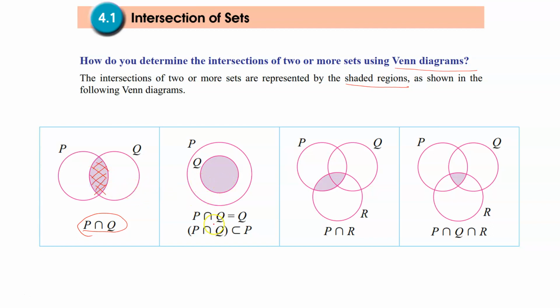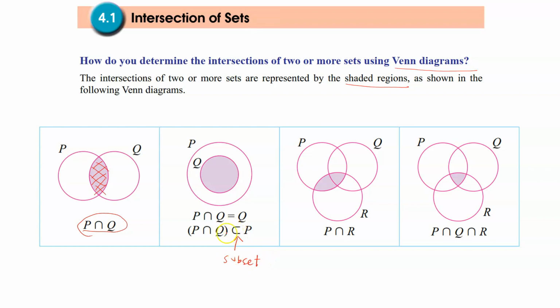Okay, for second diagram, P intersect Q equals Q. So dalam case ni, what is the other relationship between P and Q? Siapa ingat? Kat jawapan bawah ni dah tulis dah. Simbol ni, this is subset.